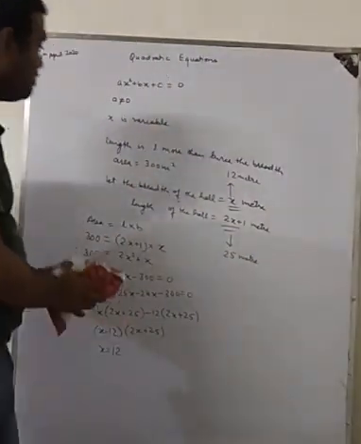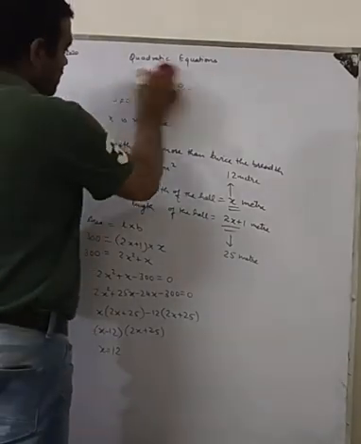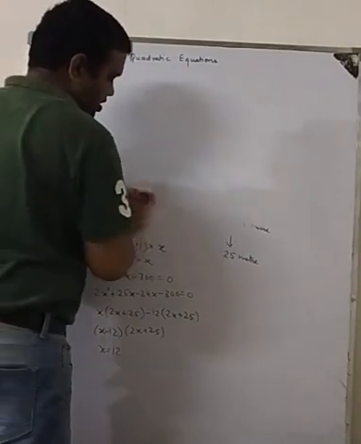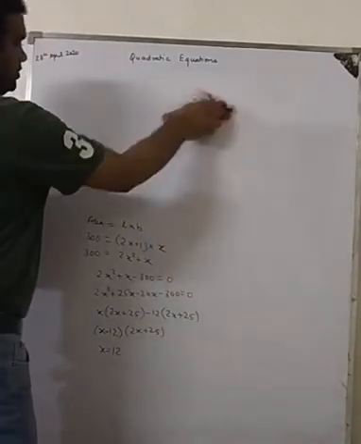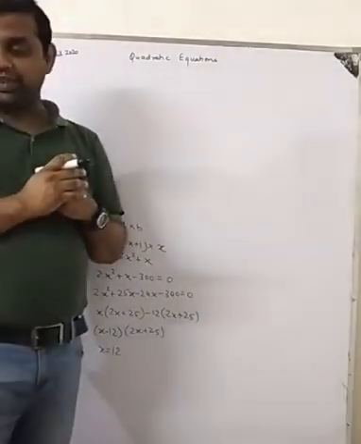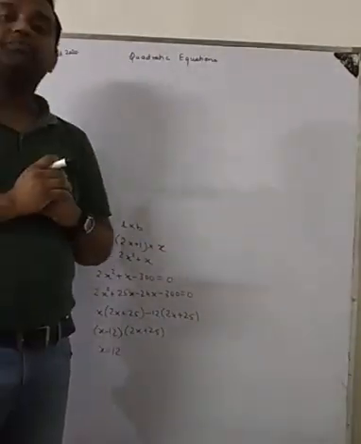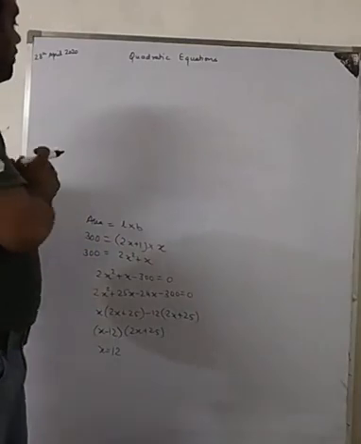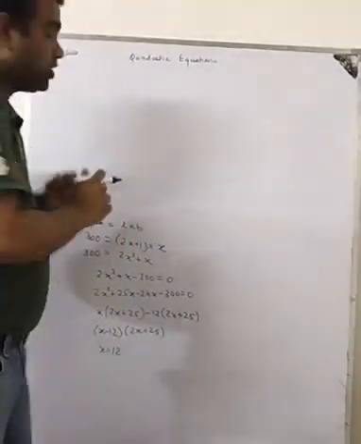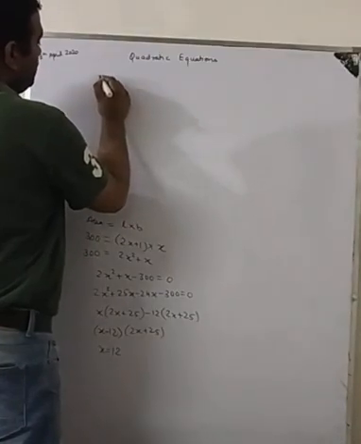So let us take one more example, and the example is John and Jivanti have 45 marbles. Together they are having 45 marbles.